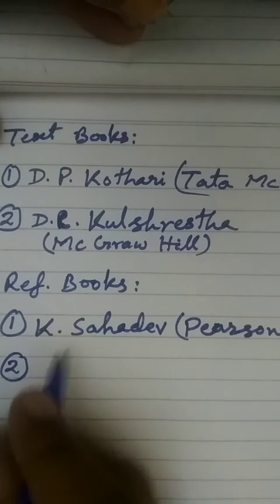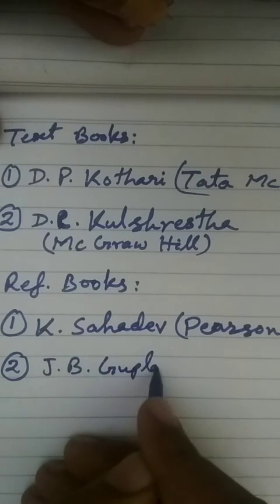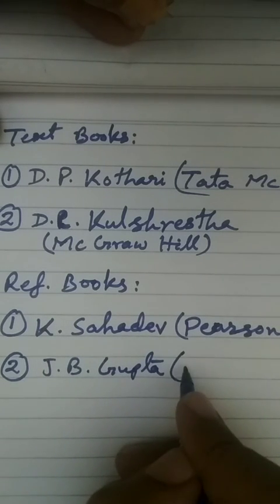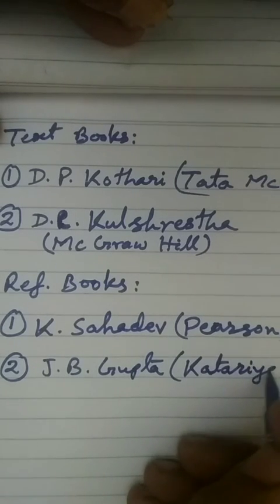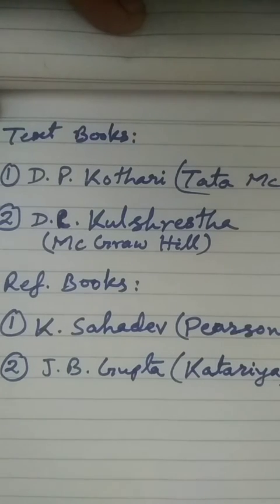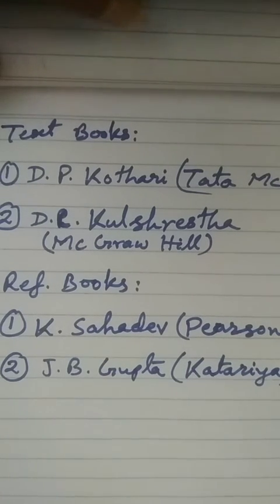And the second one is written by J.B. Gupta, from Kataria and Sons publication. So you will get each and every topic from these books. Other than the books, I will give some written notes from time to time, depending upon the syllabus and the topics covered. So you will get sufficient study materials for your preparations.